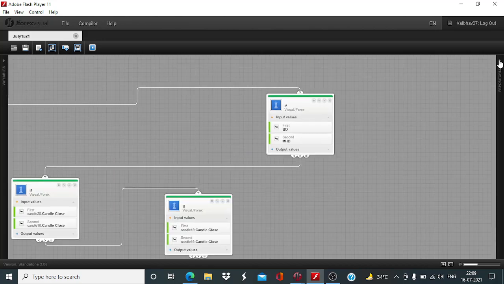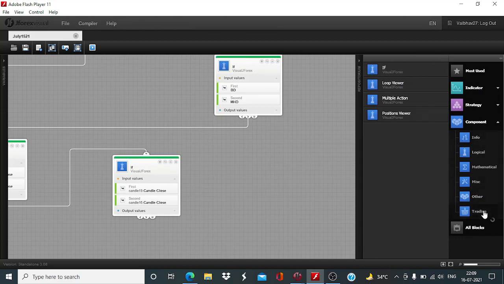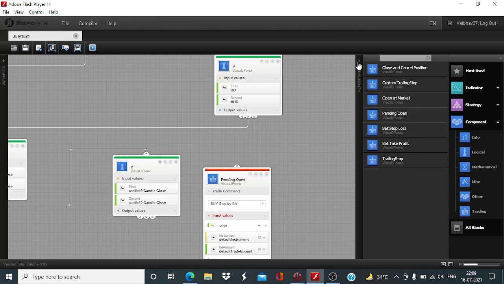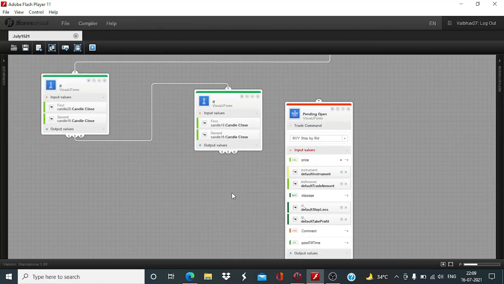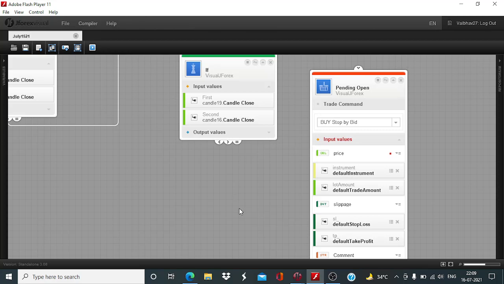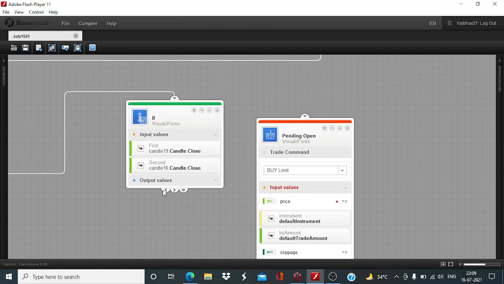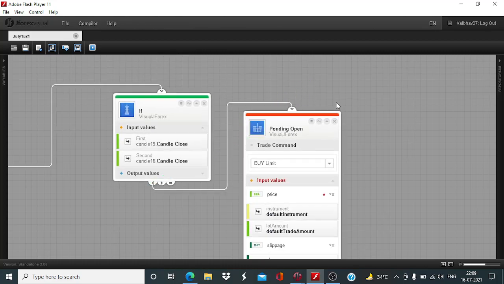After that, we will bring in the trade command block, pending open. This is going to be a limit order, by limit. First input less than second input.